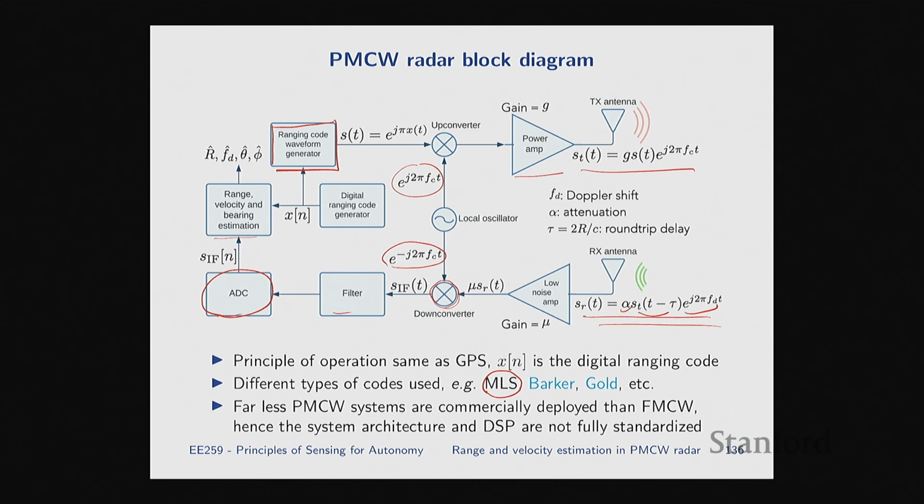You need gigasamples per second or multi-gigasamples per second ADCs for PMCW, as opposed to megahertz or tens of kilosamples per second ADCs for FMCW. And that makes PMCW today a more expensive device to manufacture, because it becomes more power hungry and more expensive to build in silicon.